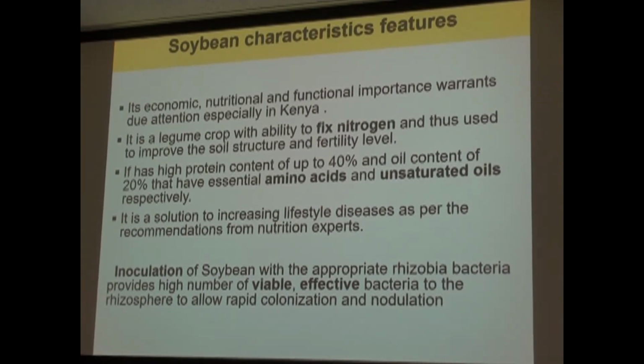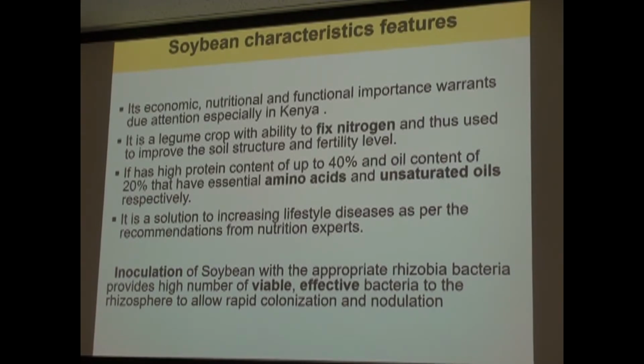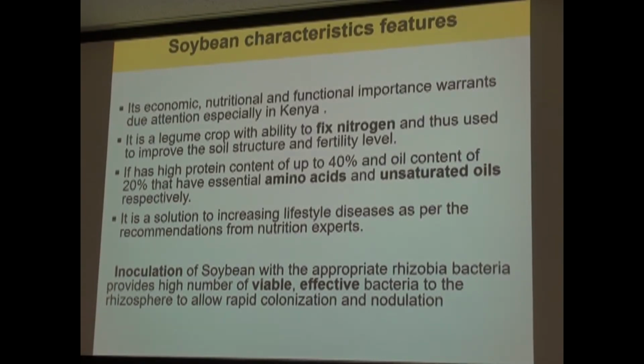It's a legume crop with the ability to fix nitrogen and thus is used to improve soil structure and fertility. It has a high protein content of 40% and oil content of 20%, with essential amino acids and unsaturated oil respectively. So it's a solution to increasing lifestyle diseases, as per the recommendation from nutritional experts.